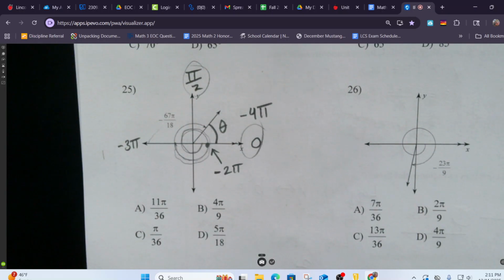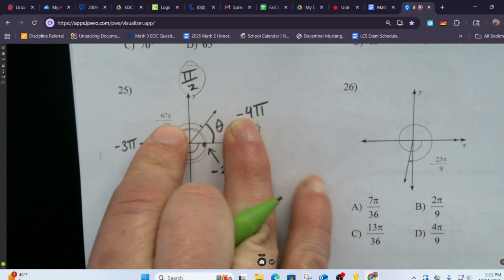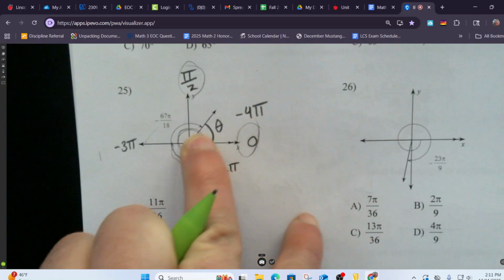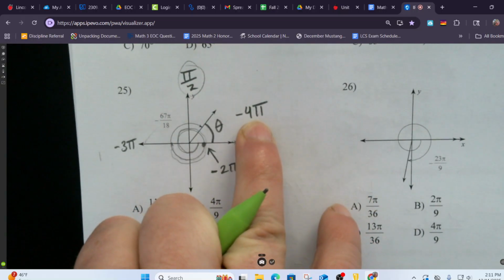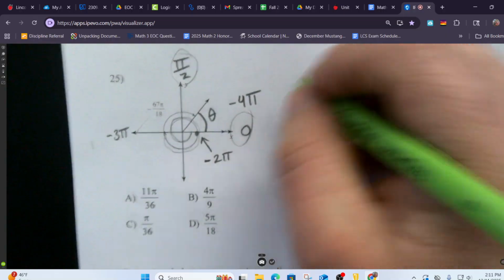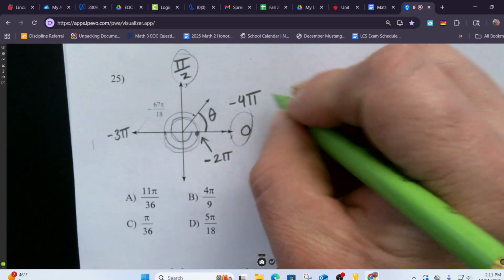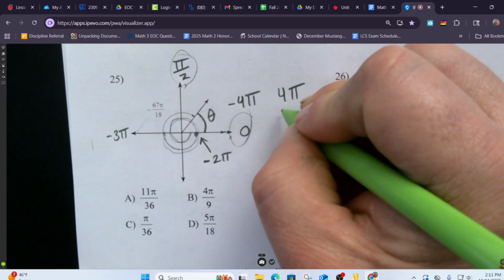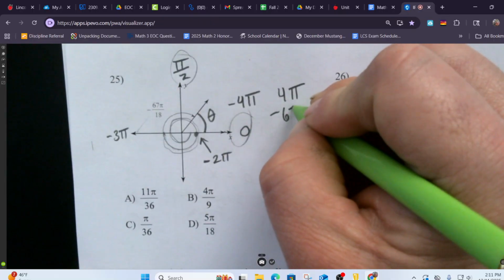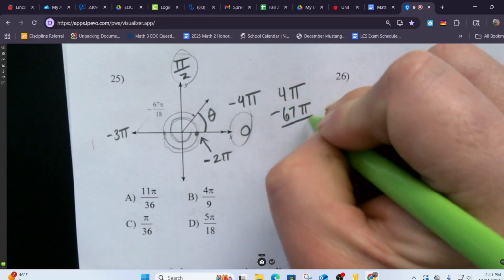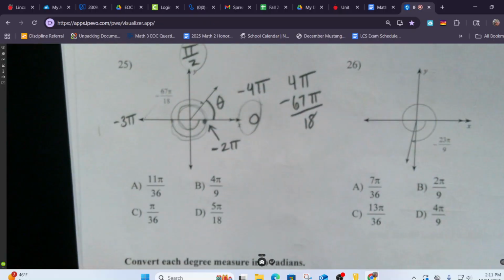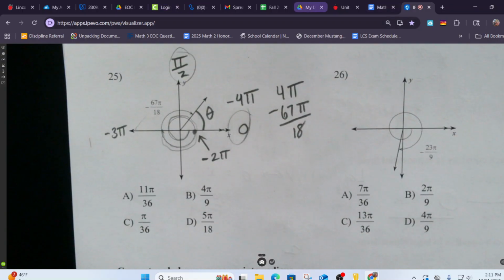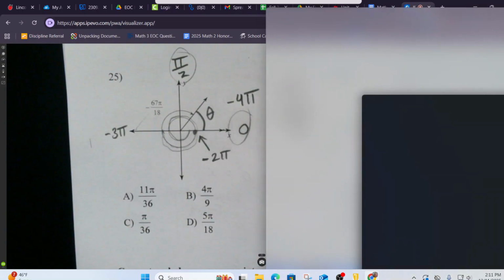Now, what I would do, guys, I rotated clockwise, which made it negative. So what I would do here, I'm going to drop my negatives off. Subtract those two. I don't like negative angle measure. I hope they give you something with a positive, because to me it's a lot more difficult.